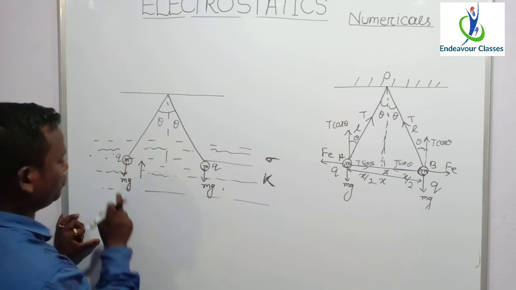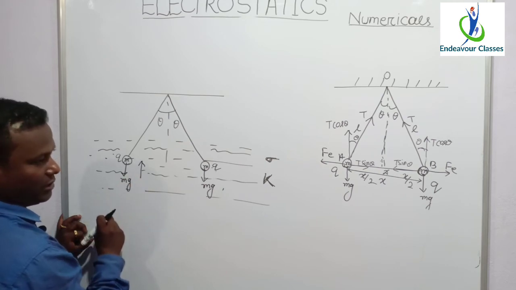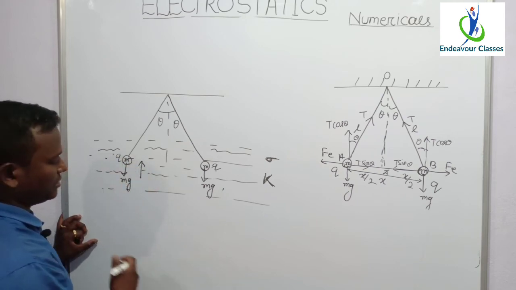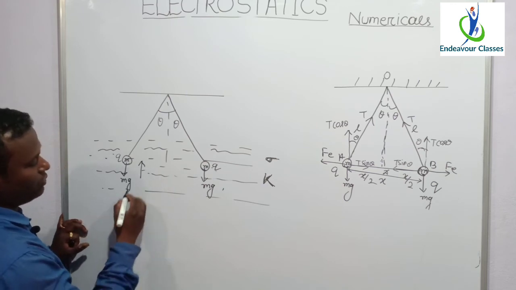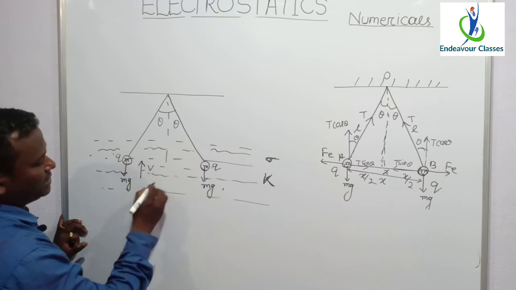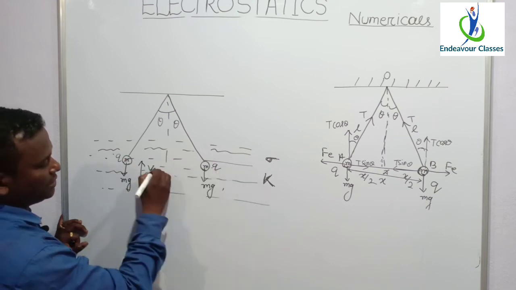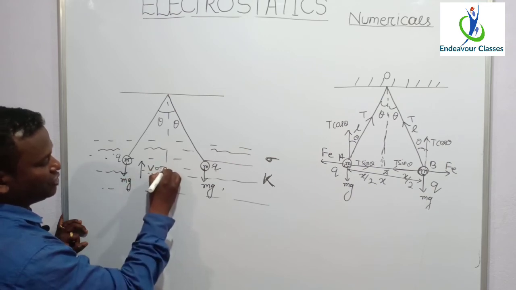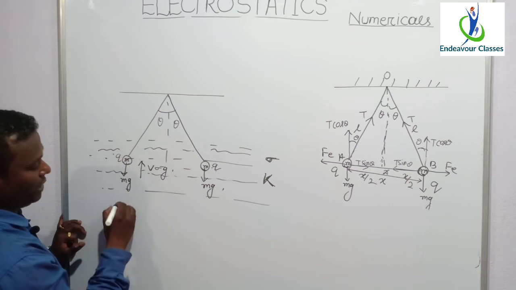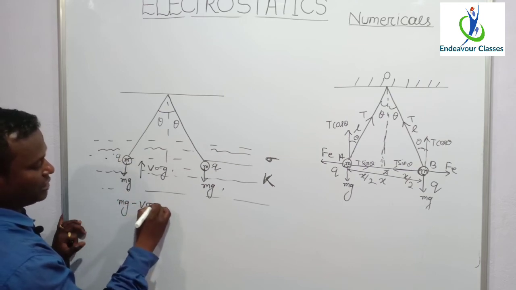So the weight of the charge q will now decrease. The upthrust will be V times the density of the liquid, so it will be V sigma g. So the net weight of the body will now become mg minus V sigma g.